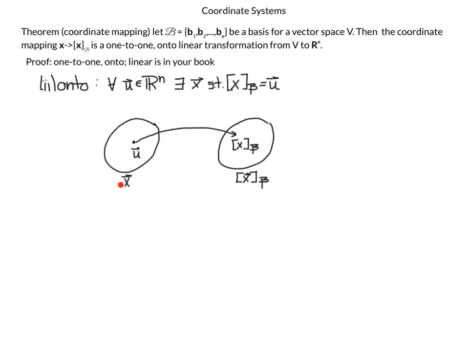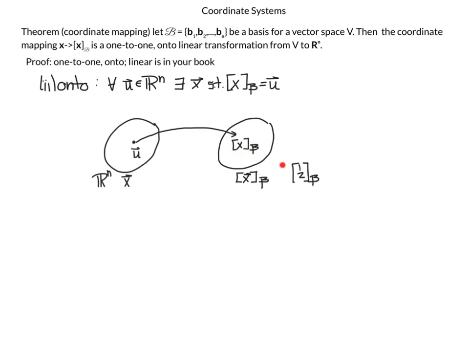I'm saying I have this mapping from Rn, where we have x in terms of our standard basis, and then we map it to a different coordinate system with respect to our new basis beta. So what we're saying is, to map onto, that means everything over here, if we choose some coordinate with respect to beta, we'll be able to find some vector that gets mapped to this coordinate.